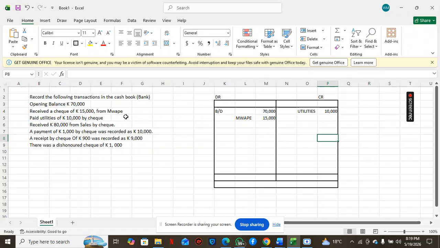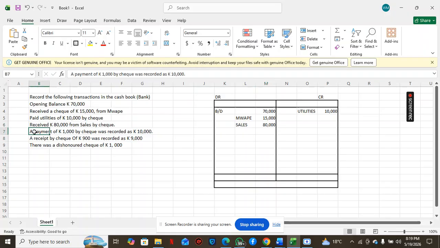Then, received 80,000 from sales by check. Here under sales, we're going to put 80,000 kwacha since that's money coming in, so you debit.